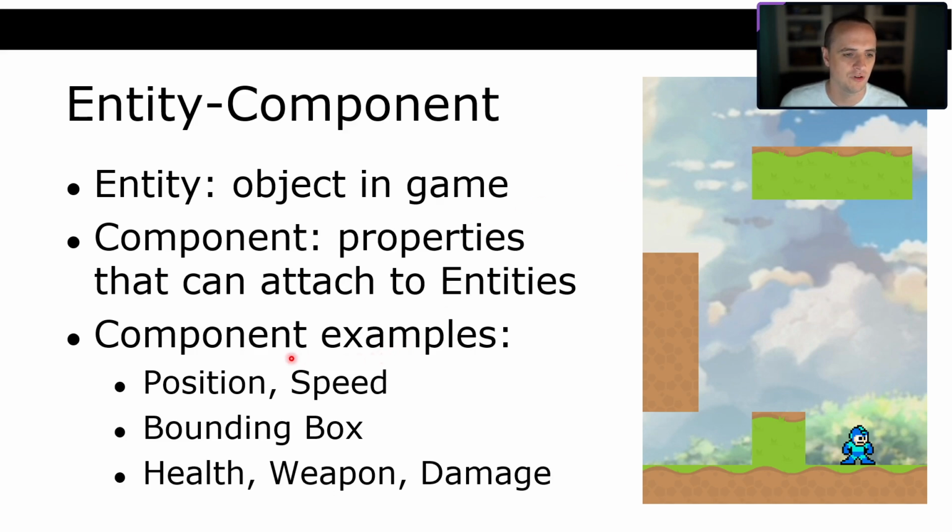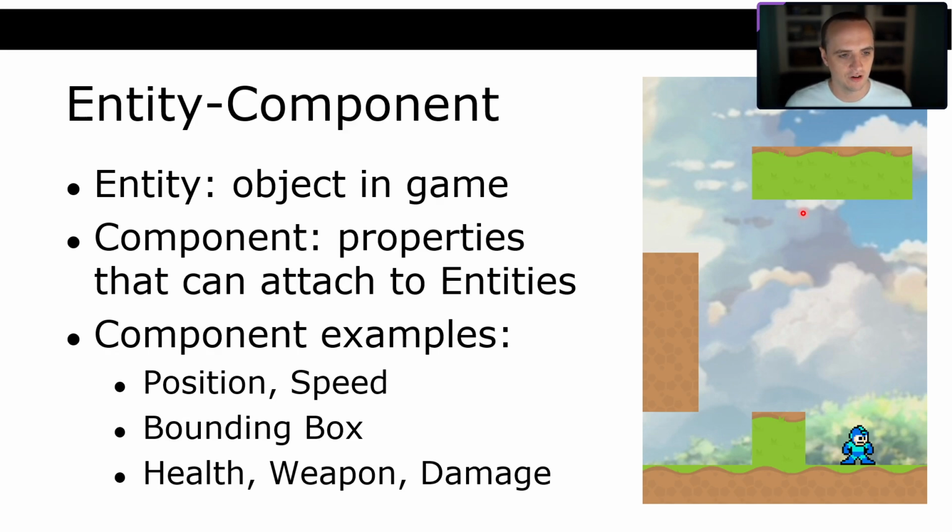For example, one component might be a position in the map, or the current speed that we're going, or a bounding box, or health, weapon, damage, etc. Anything you can think of that some entity in your game may want to have is a component that can be attached to an entity.